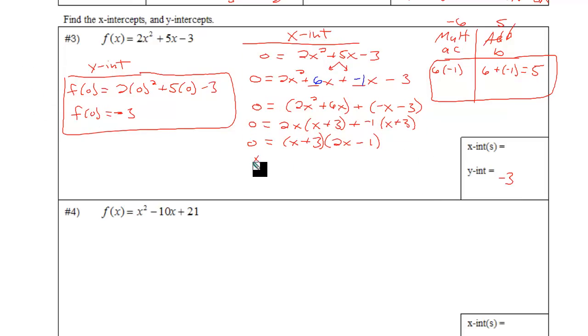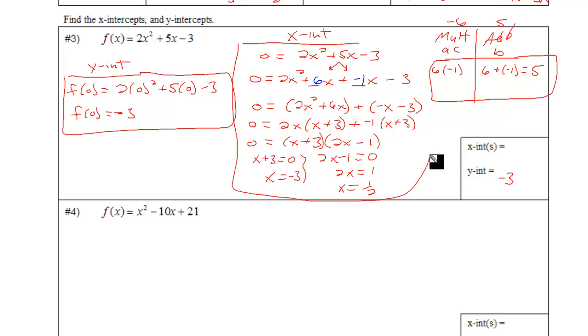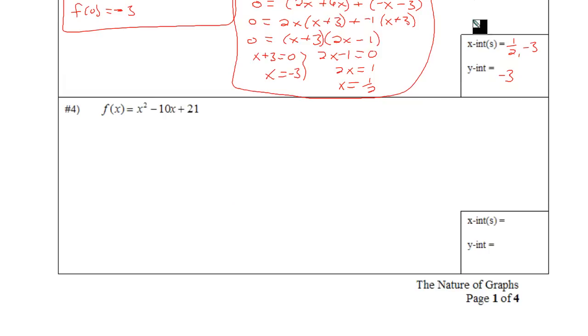So we have x plus 3 equals 0. 2x minus 1 equals 0. Here we get x equals -3, and here we're going to get x is 1/2. X-intercepts, 1/2, -3.